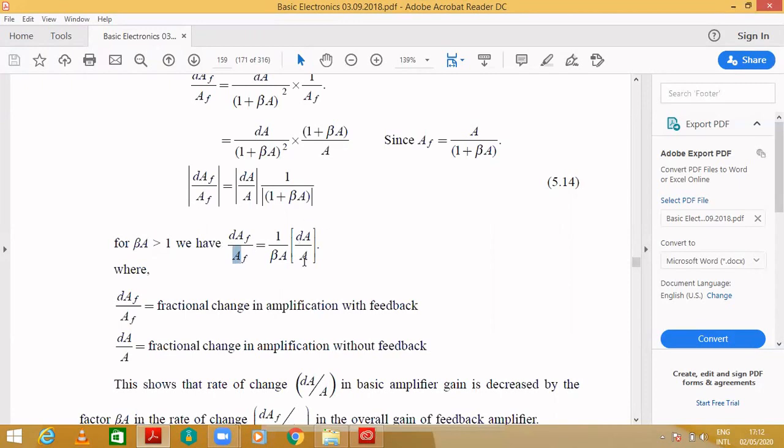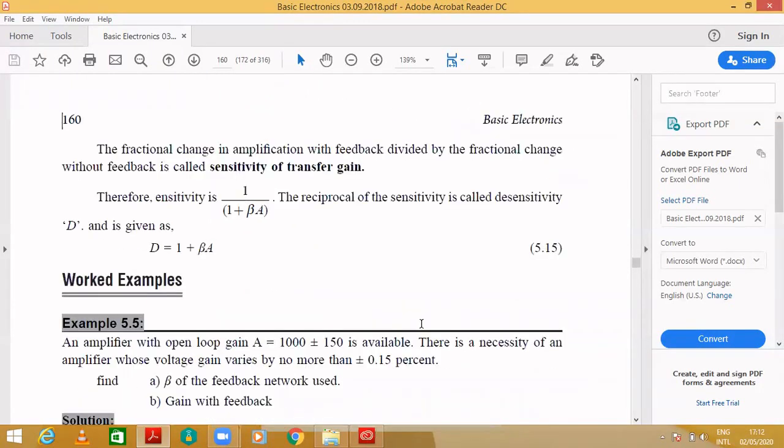Similarly, dA by A is the fractional change in gain without feedback. And this is the loop gain, beta A. This is how the basic amplifier gain variation is decreased by a factor of beta A.